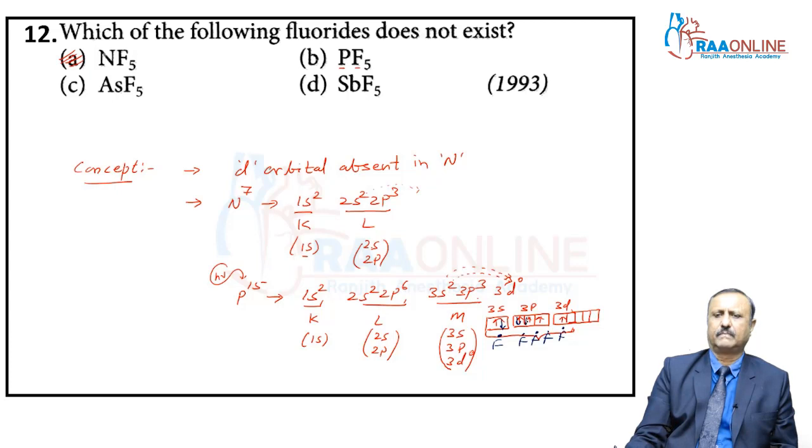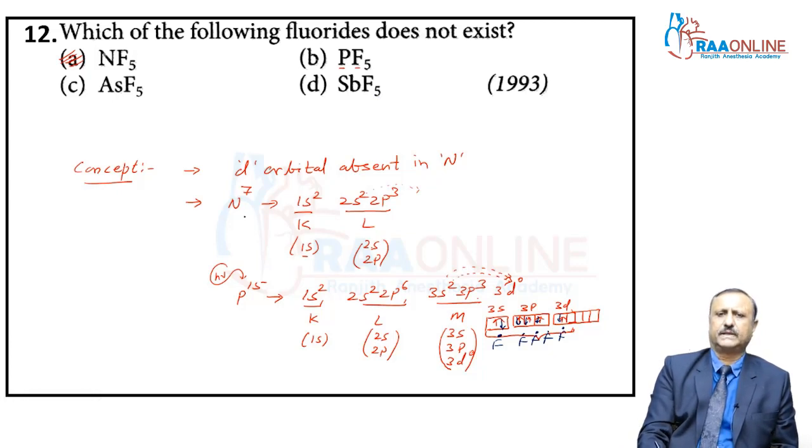In this way, phosphorus, and below phosphorus arsenic and antimony, in which d orbitals are also present, form AsF5, SbF5 type compounds.